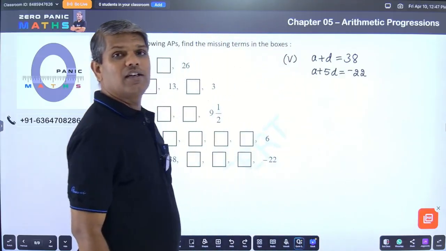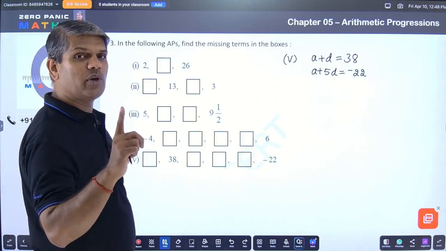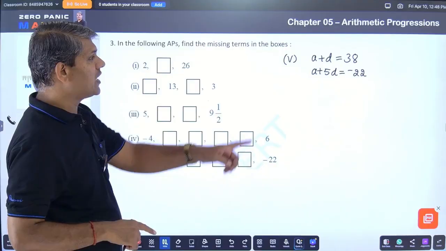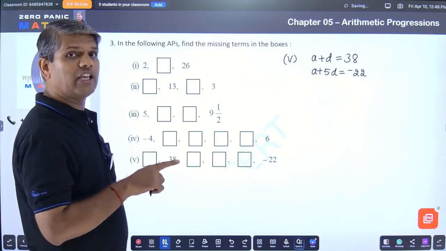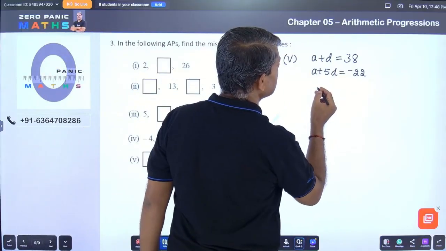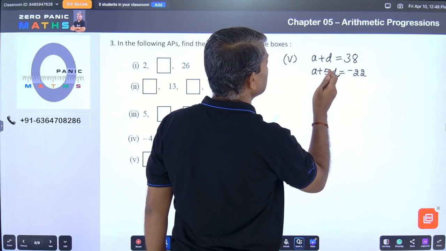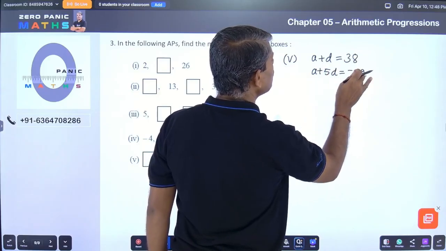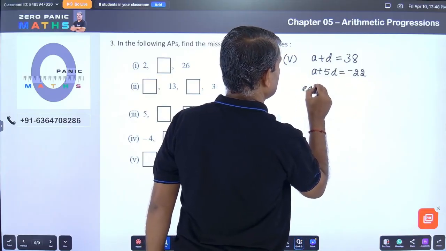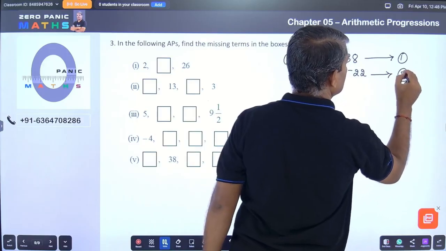So it is a quadratic equation with two variables. Okay, sorry, linear equations in two variables. I think in one of the previous examples also I called this a quadratic equation, but it is not quadratic. It is a linear equation in two variables. How can I find it out? Find out one of the values by subtracting one equation from another. Let me call them equation 1 and equation 2.